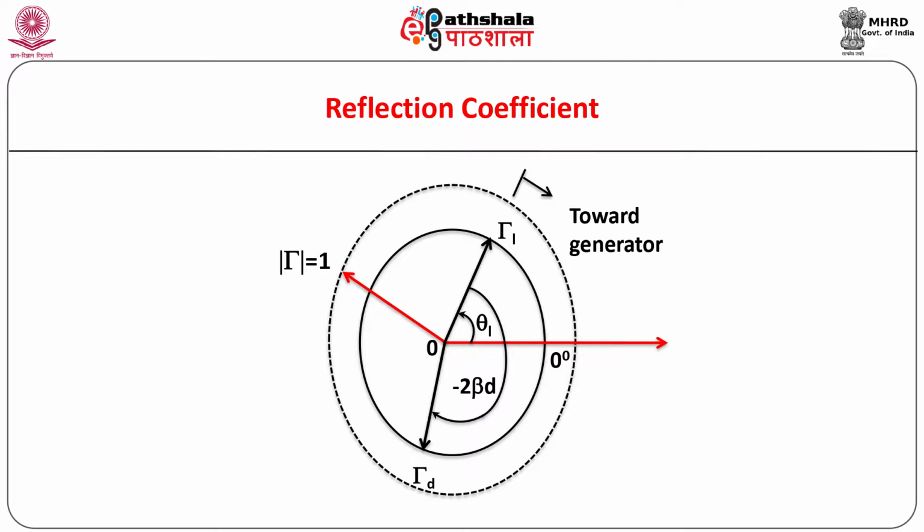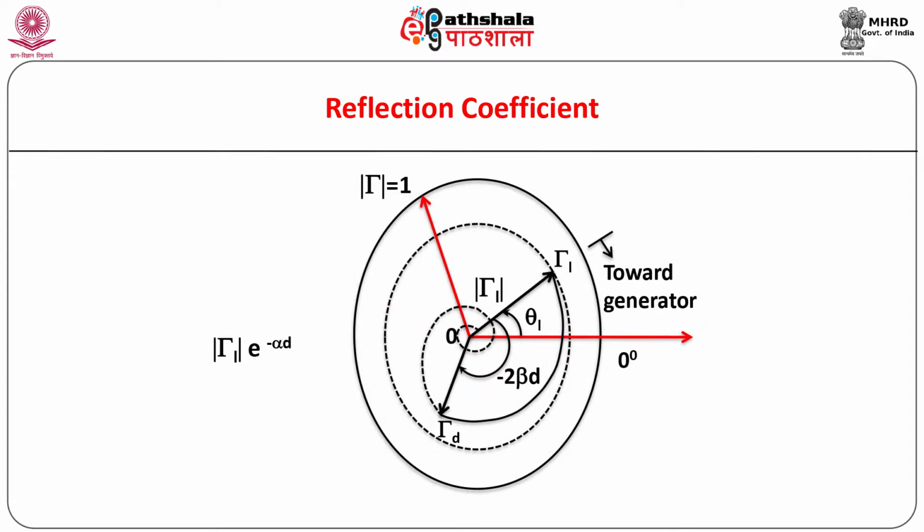Thus, graphically, we get a circle of constant radius mod of tau L. At a distance d from the load, the change in the phase angle is minus 2 beta d. Hence, the total phase angle is theta L minus 2 beta d.